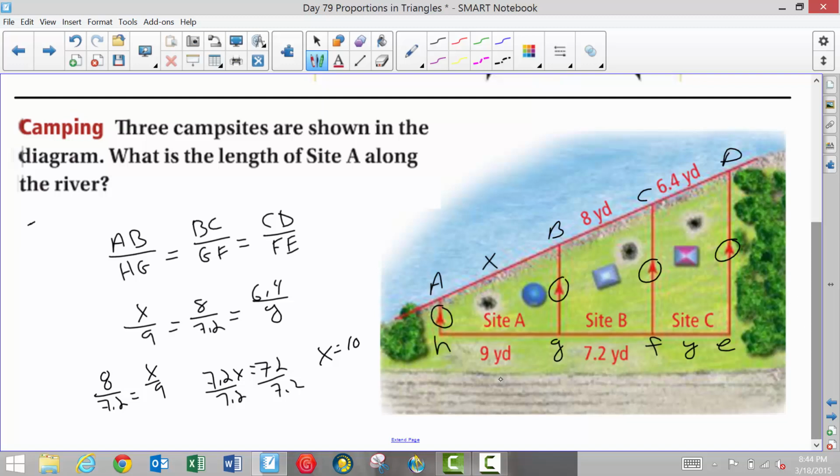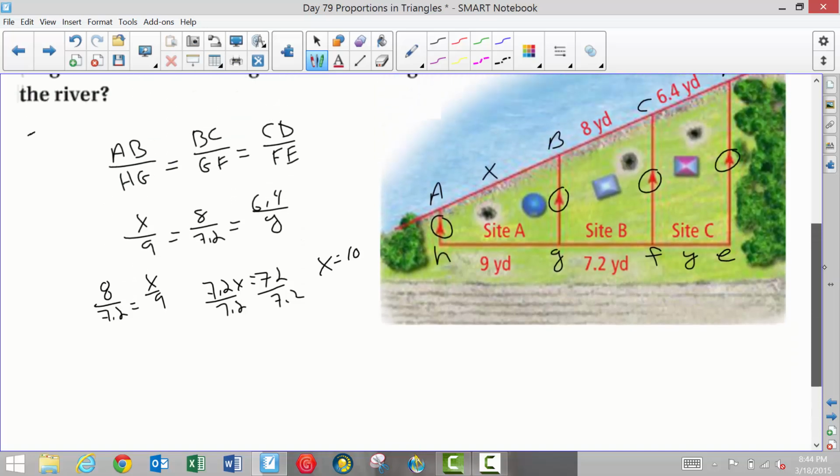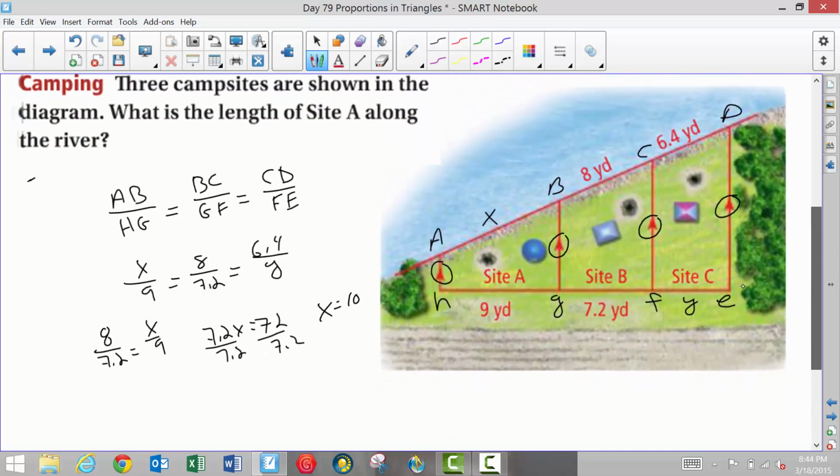And to solve for y, I know if I'm going to solve for y, I have again the ratio that has no variables, 8 over 7.2, set equal to the ratio with y in it, so 6.4 over y.